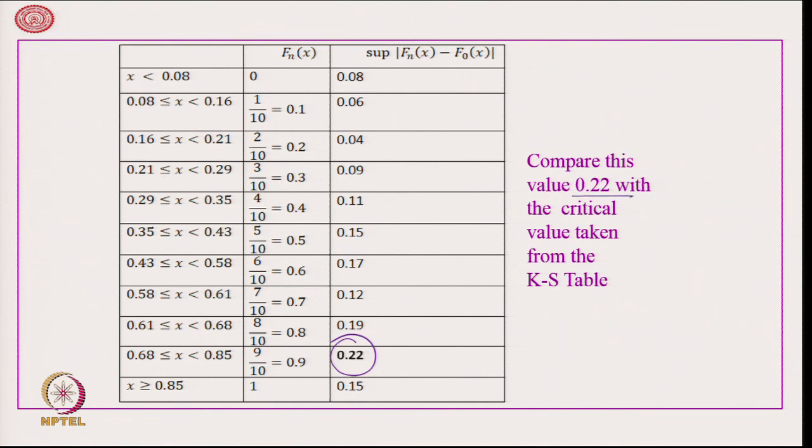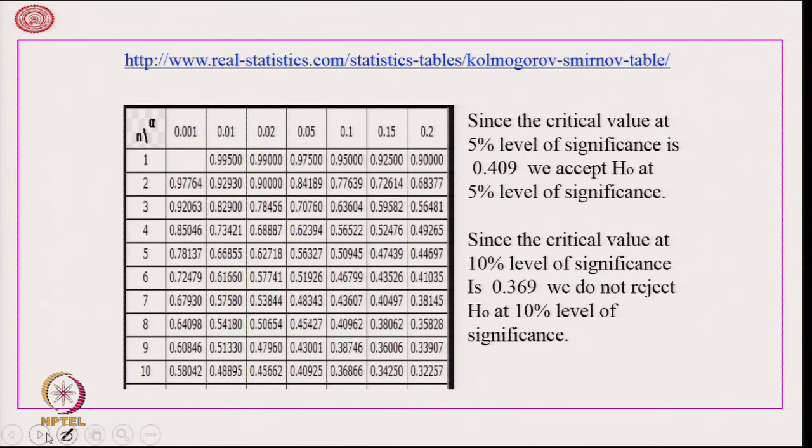Therefore, we need to compare this value with the critical value that we can take from the Kolmogorov-Smirnov table. So, let us look at the table. We have n equal to 10, and at 5% level of significance it is 0.409, we are looking at only 3 decimal places. At 0.1 we are getting 0.369.